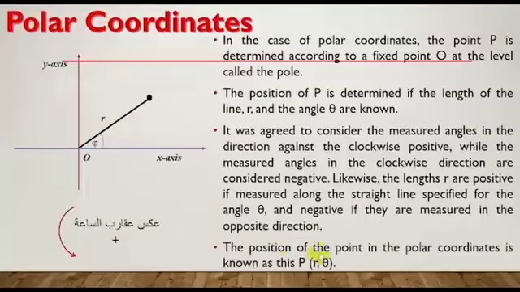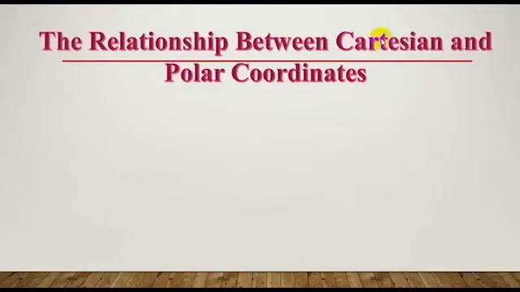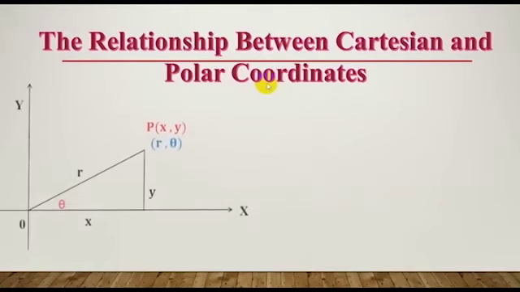Also, when we get P, it will be a function, like we talked about before, of x and y as a position in Cartesian coordinates. So it will be r and theta in polar coordinates. What is the relation between Cartesian and polar coordinates? Easy.